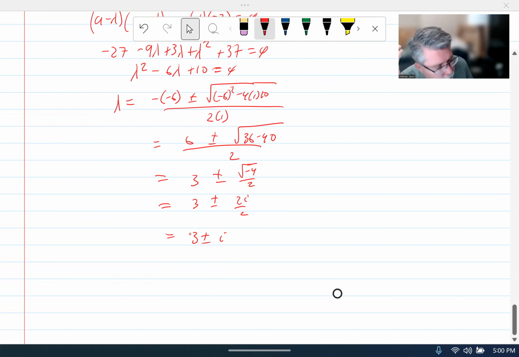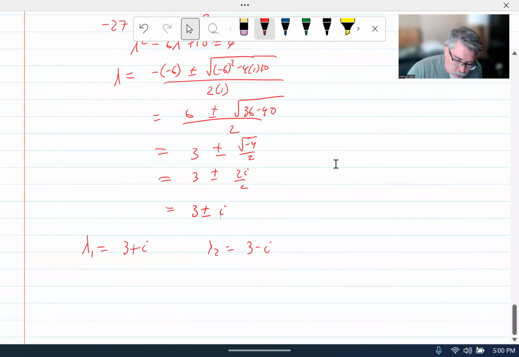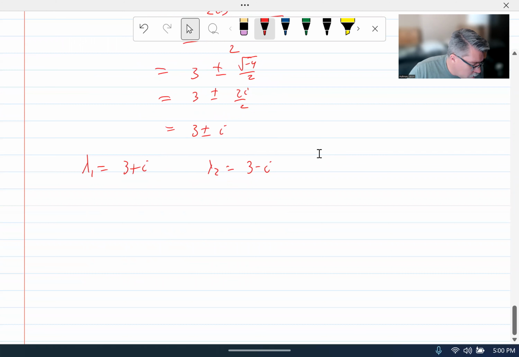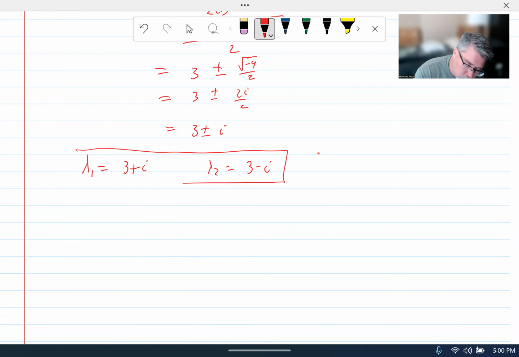And if we get complex conjugates as lambda, they're always going to come in pairs. So lambda 1 is going to be 3 plus i, and lambda 2 is 3 minus i. So those are my eigenvalues.